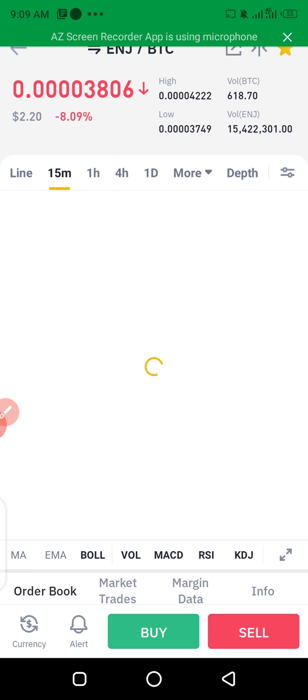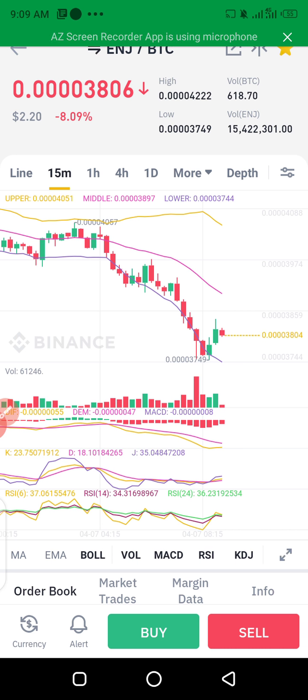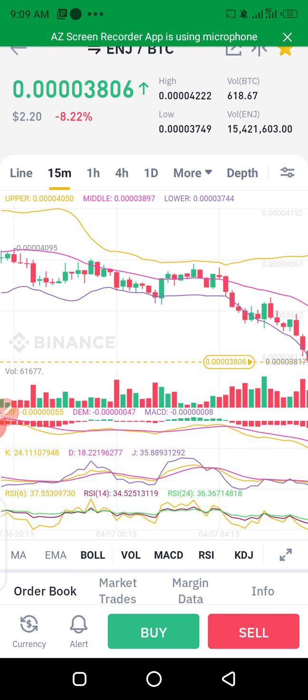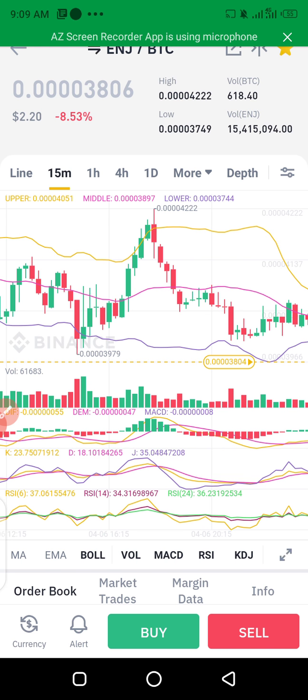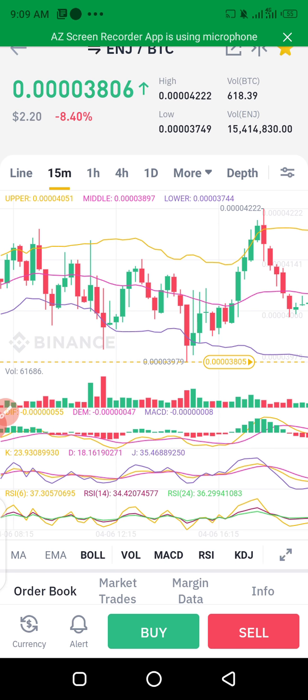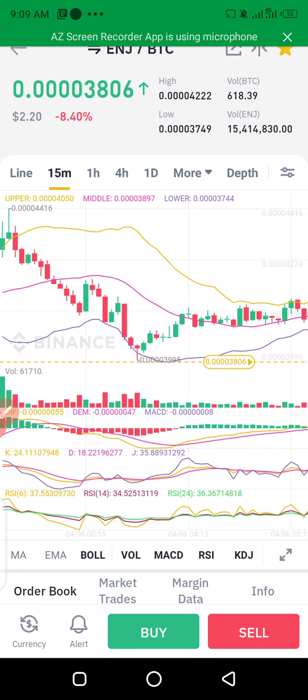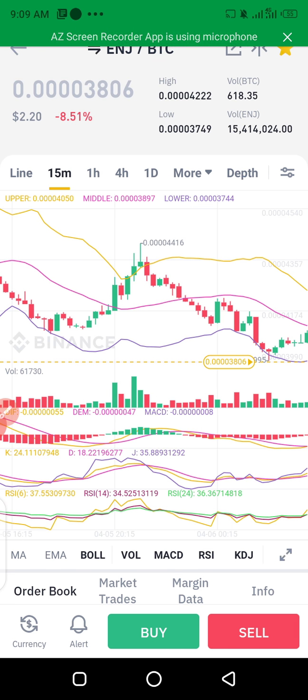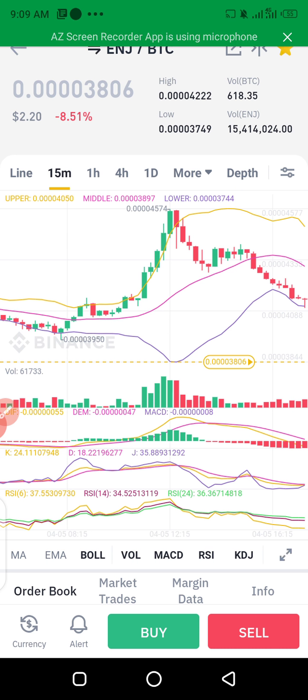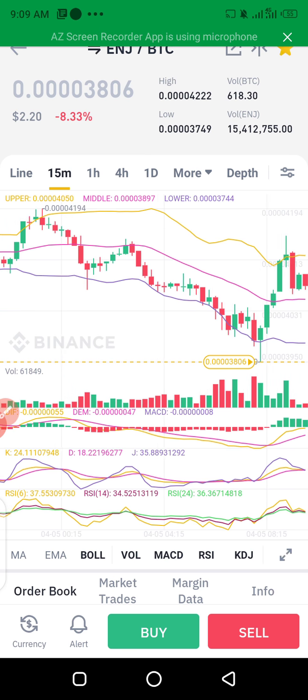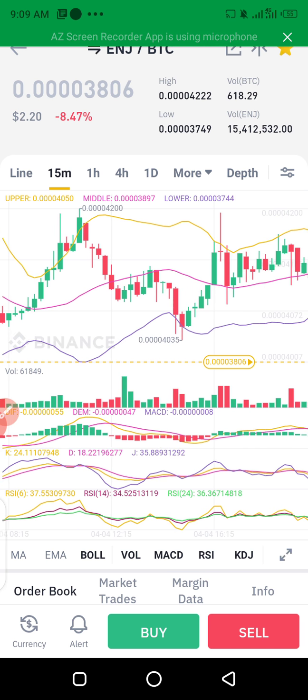Let me use a lower time frame. Maybe I can see a good example of an engulfing chart pattern. I want to show you an engulfing candlestick pattern.